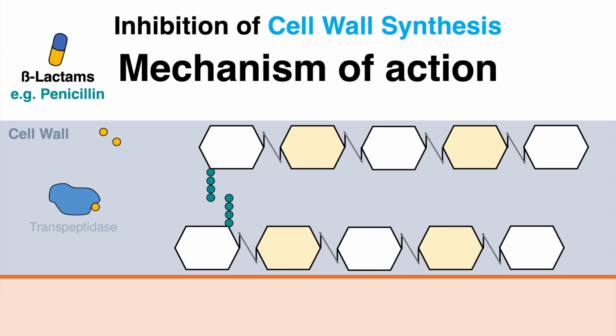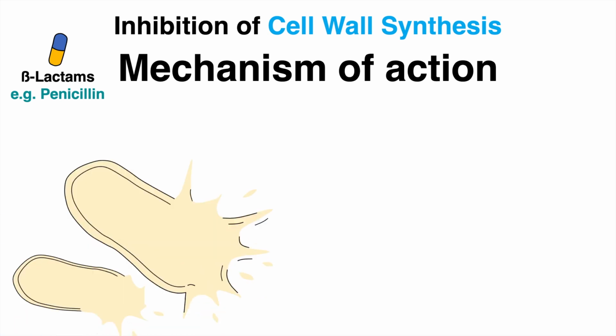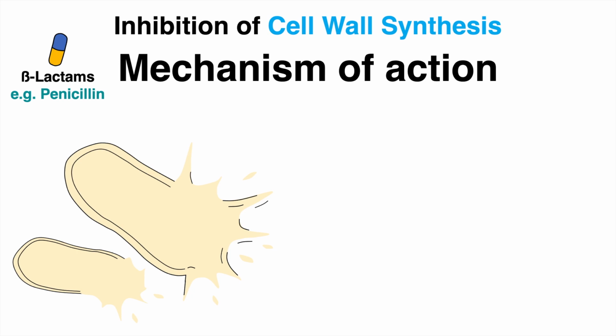No transpeptidase activity means no cell wall synthesis. The cell wall becomes unstable and bacteria are eliminated. Therefore, most antibiotics of the beta-lactam family are considered bactericidal. Since mammalian cells do not have any peptidoglycan, these antibiotics do not interfere with human cells.